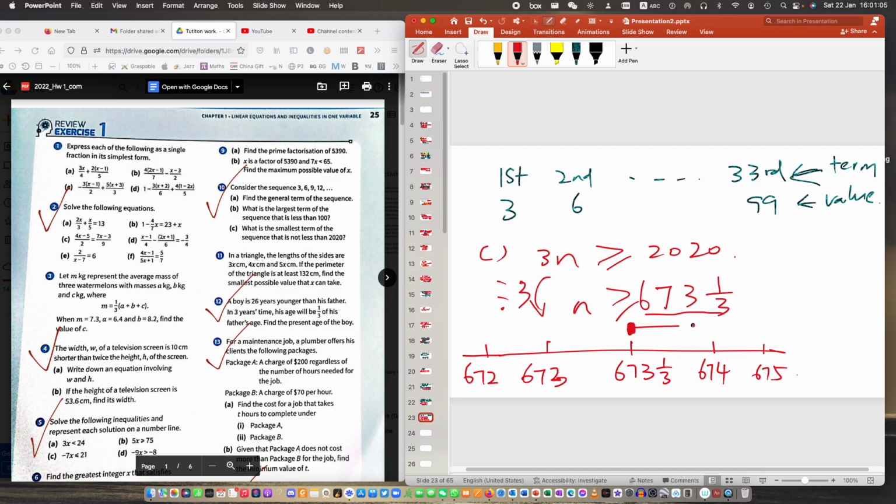Right. So can you choose this side? No, cannot. So the next one is 674. So the term is the 674th term. The value is 3 times 674. Okay, are you clear? Good.